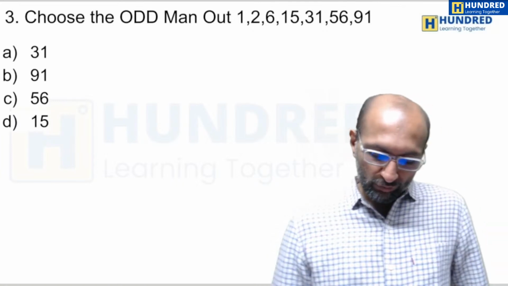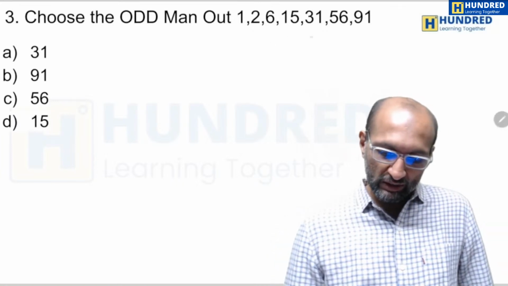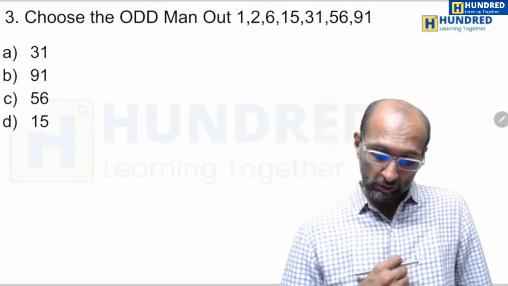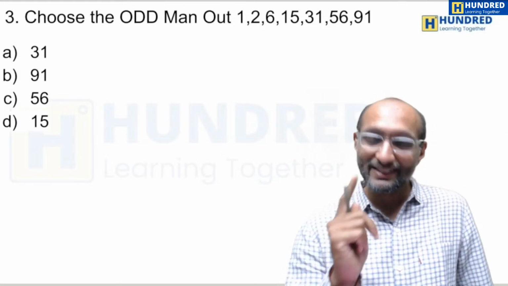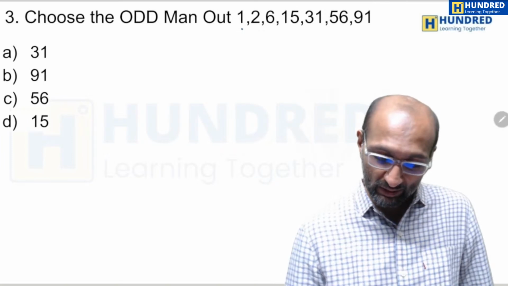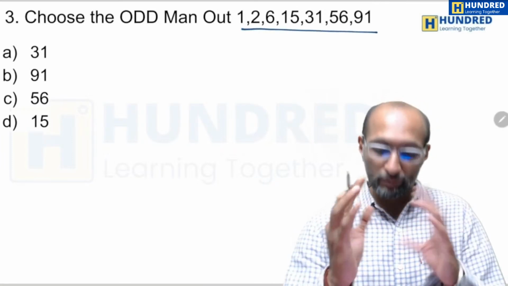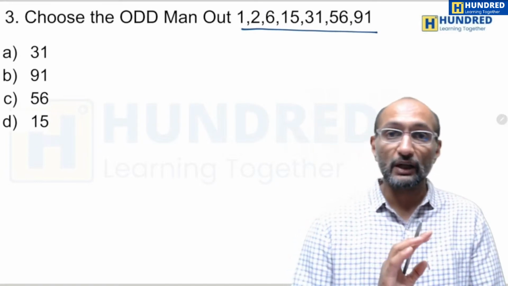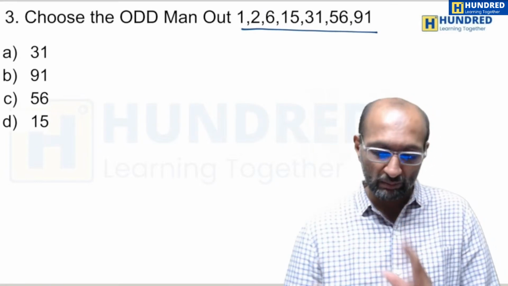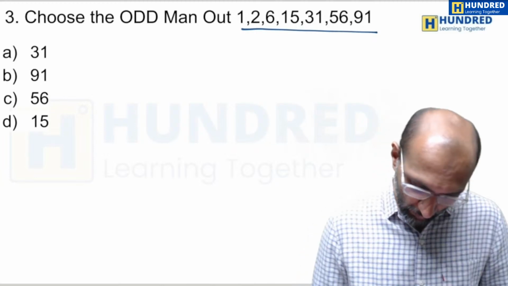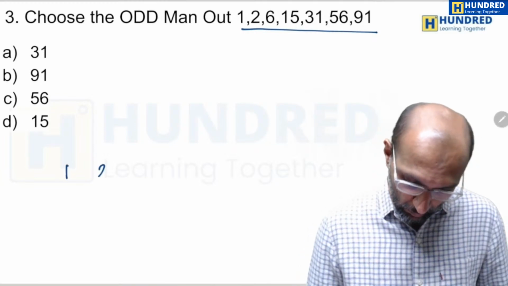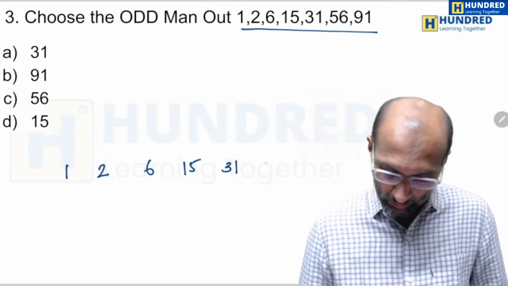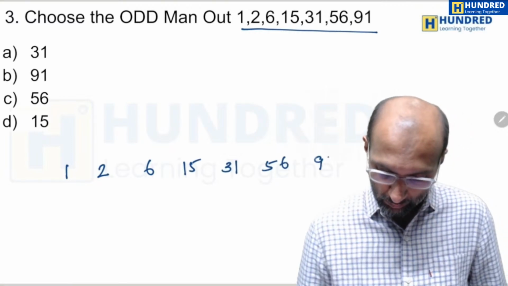Choose the odd man out from 1, 2, 6, 15, 31, 56, 91. How do we solve this? One pattern is ascending order, correct. So this is given in ascending order, which means there could be some pattern of perfect square, perfect cube, addition, subtraction, even, odd, prime number. Let's see: 1, 2, 6, 15, 31, 56, 91.